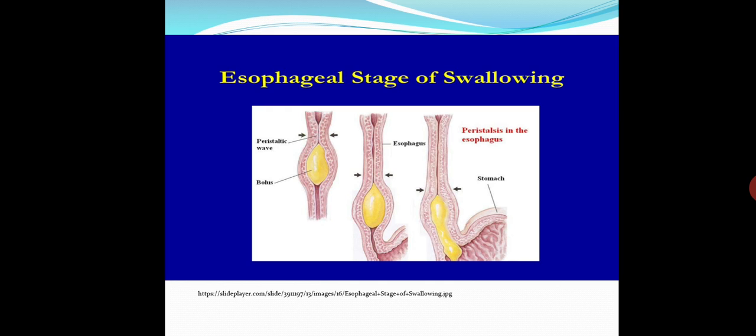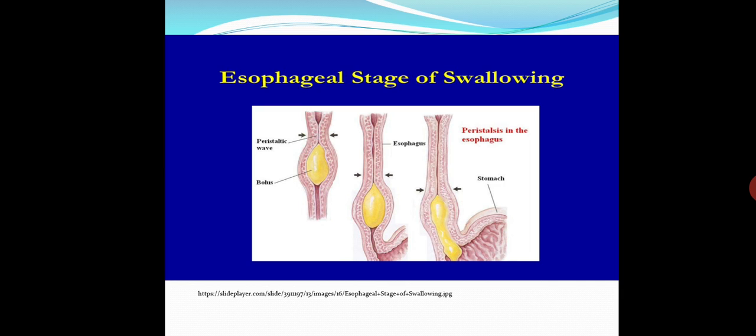is the esophageal stage of swallowing. Here, the food bolus is propelled down the esophagus by a movement called peristalsis. This is a wave of muscular contraction that pushes the bolus down to the cardia.